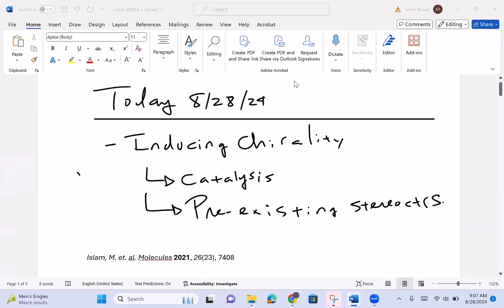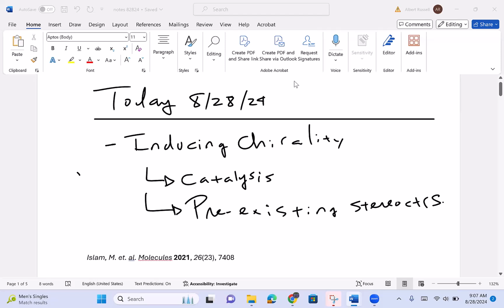The first part that we're going to talk about, this catalysis part, is not on the handout, but I want to show you what it is and how it works so that you'll have knowledge of it. So today we're going to talk about inducing chirality, and there are two ways to do that.